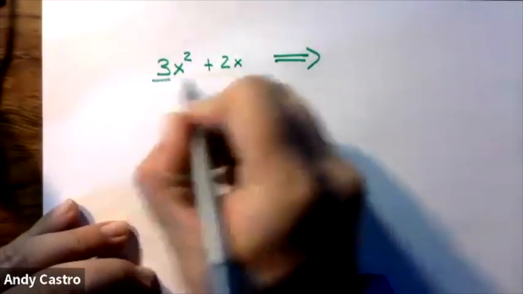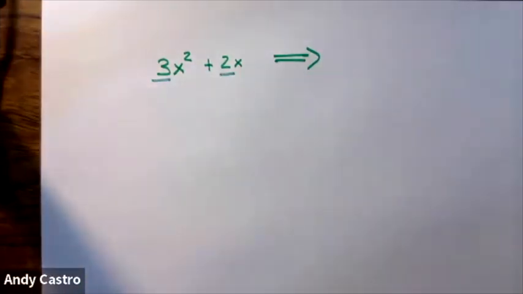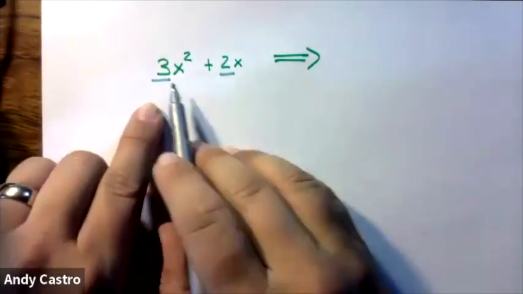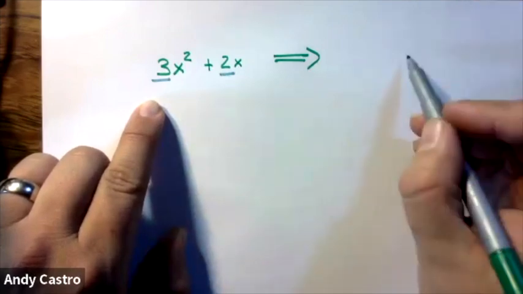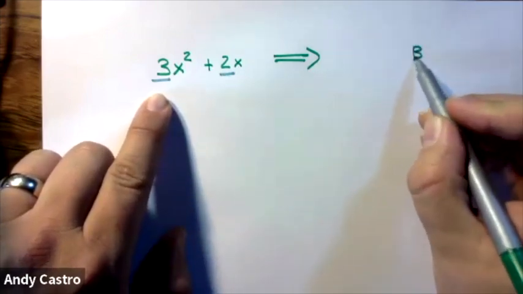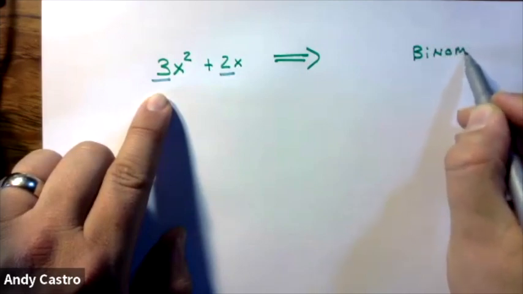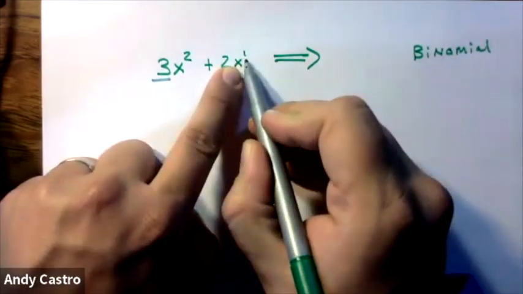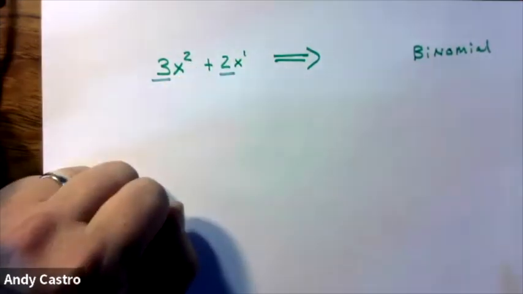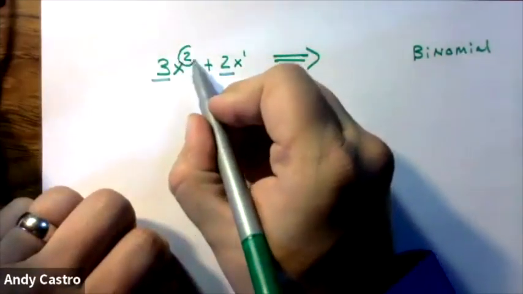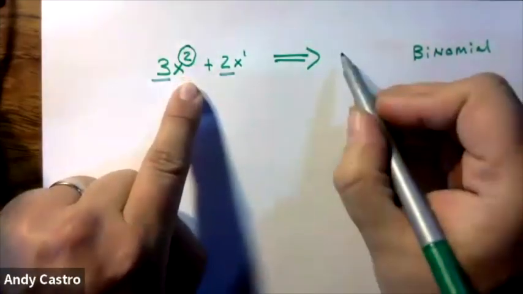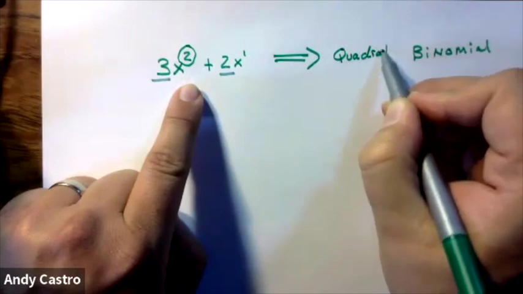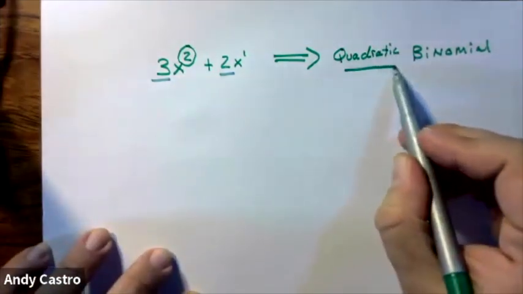Well, I know that my coefficients are 3 and 2, but my coefficients don't matter. All right. So I have two terms. So I know that is a binomial. Okay. Now I have an exponent of 1 here and 2 here. So I have to go with the highest one. This is the highest. And what do we call twos? We call those quadratics. Quadratic binomial.